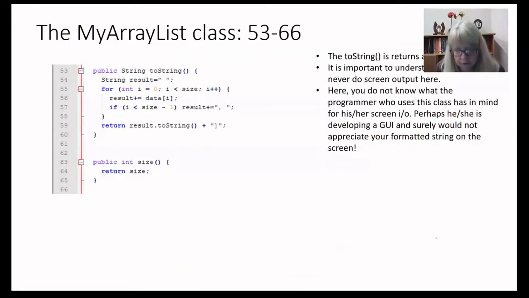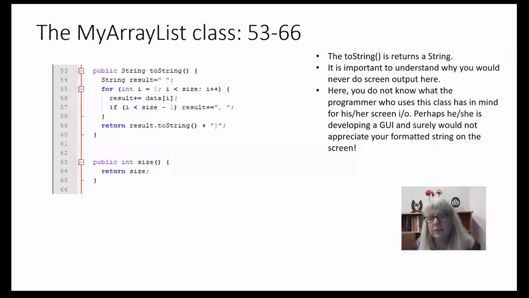Finally, a toString and a mutator on the size. The toString, you can do whatever you want, but the most important is you return the result here. You do not write on the screen. Why don't you write on the screen?